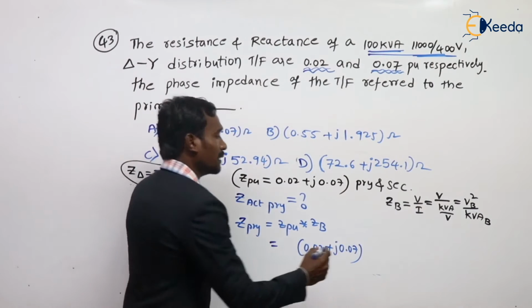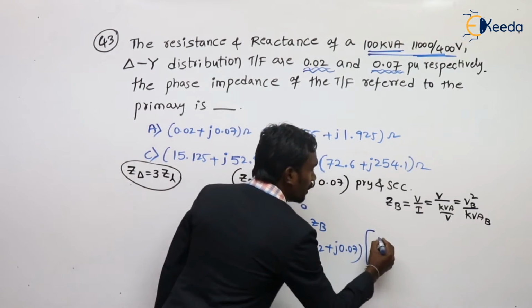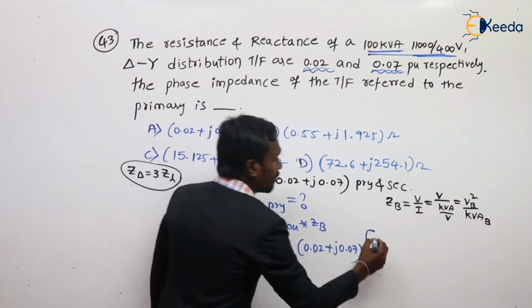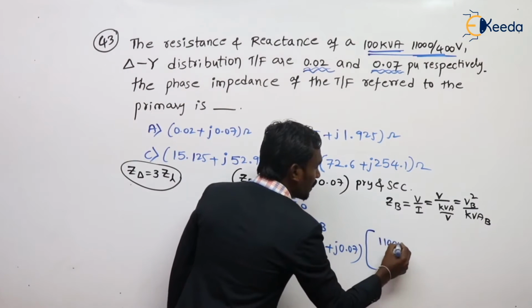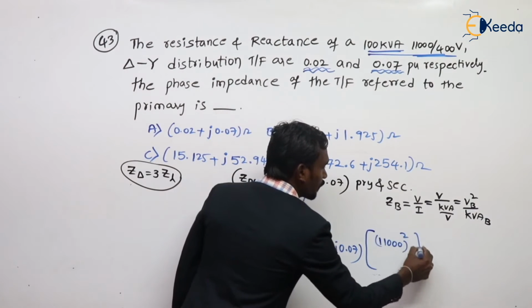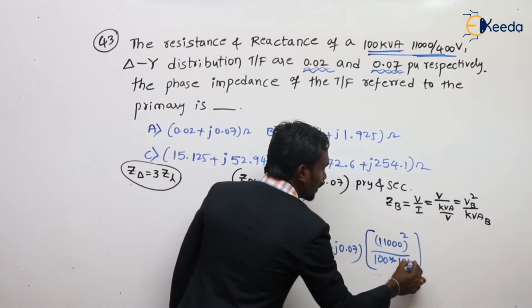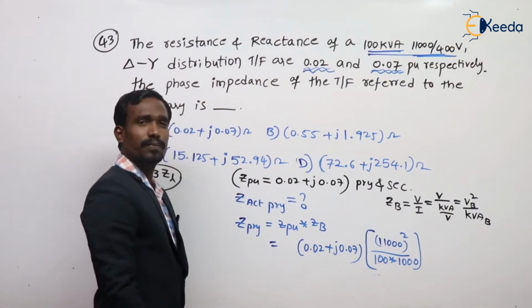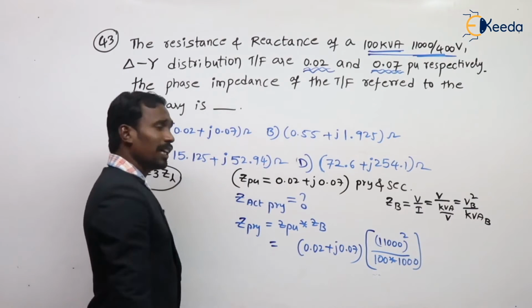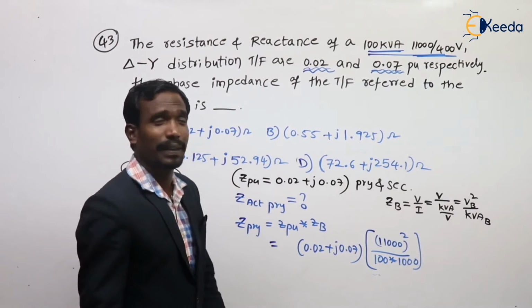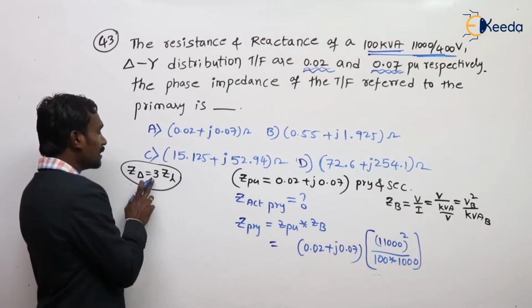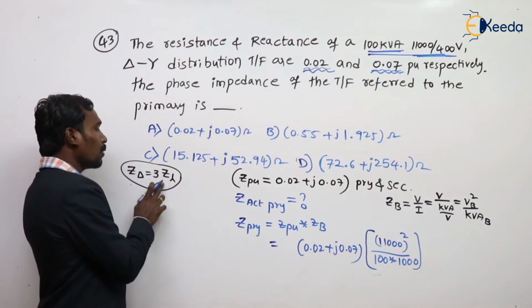Now substitute in Z base: Z base is equal to V base primary, nothing but 11,000 squared, by kVA base. kVA base is this much. But this is not enough. This is not exactly the correct answer, because I told you that in delta the impedance is more than in star.